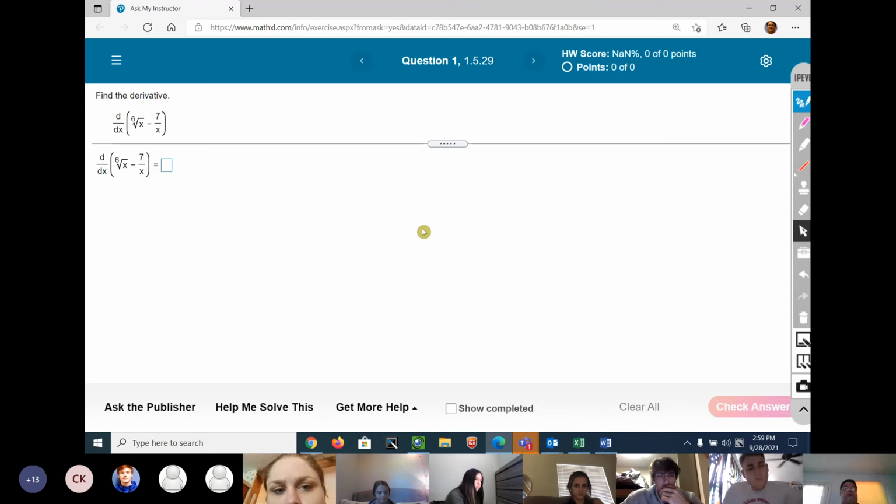You might as well just say right here, y is equal to the 6th root of x minus 7 over x, or f of x is equal to the 6th root of x minus 7 over x. Now, why did I write it like that?